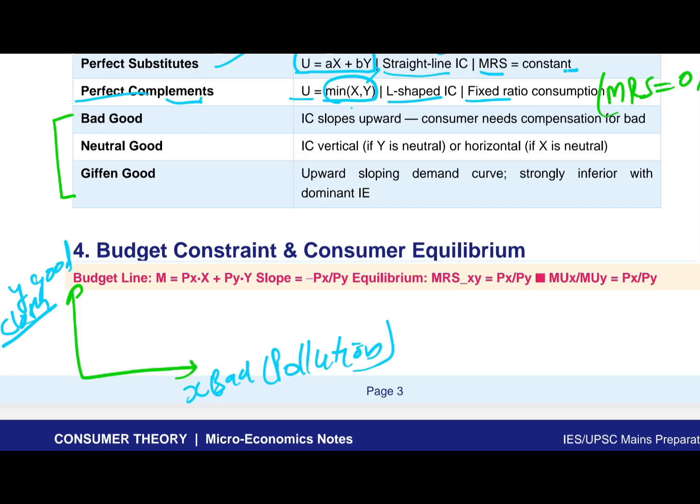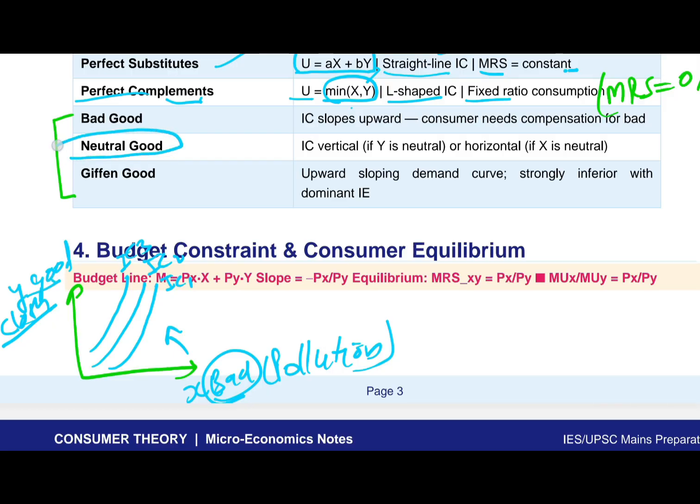Obviously we don't want to increase the consumption of pollution because it destroys our health. So we reduce the consumption of X and increase the consumption of Y. So our graph should look like this, upward sloping. This is IC1, IC2, IC3. We are moving away from the bad good because it has a negative impact on us, and we consume more and more of good Y.